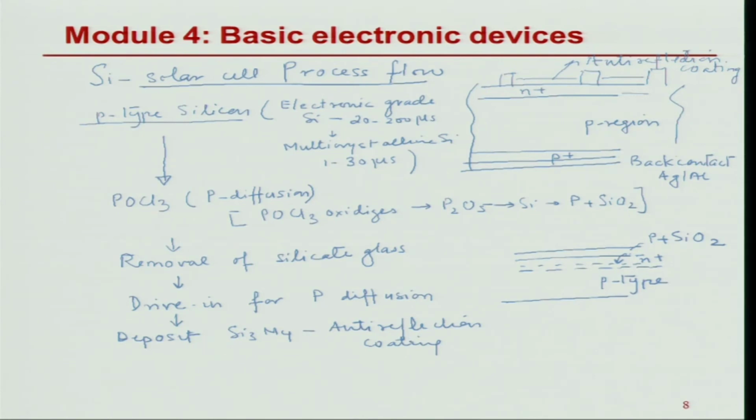There are two ways now to proceed after the anti-reflection coating is deposited, which is to reduce the reflection loss, which we did not consider earlier, but there is going to be some reflection loss also as light comes in. And then we do metal deposition for top contacts.